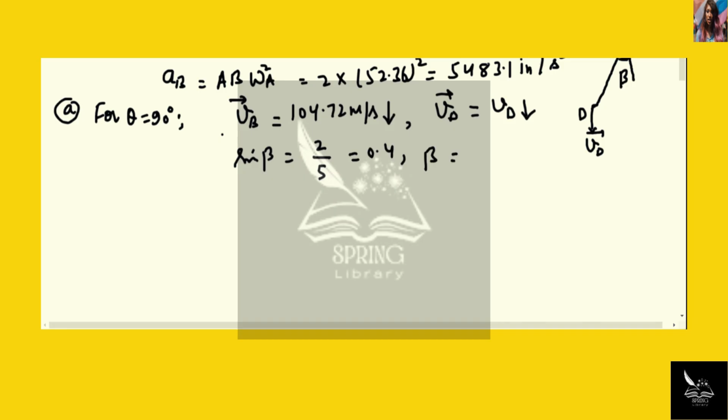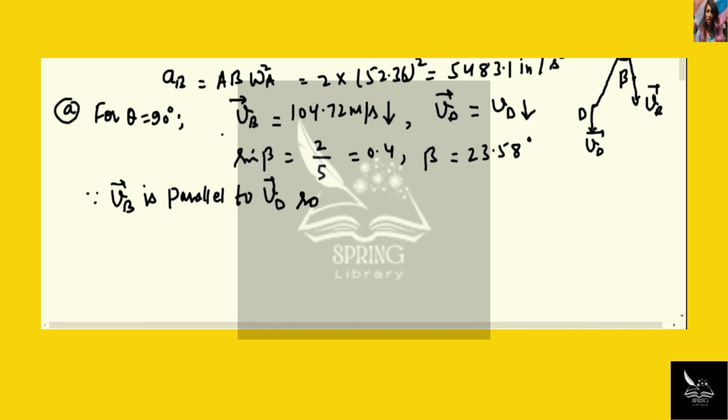So beta would be 23.58. Now B and D are parallel. You can see this is the velocity of B and this is the velocity of D. So the angular velocity of BD will be 0, since the velocity of B is parallel to the velocity of D.